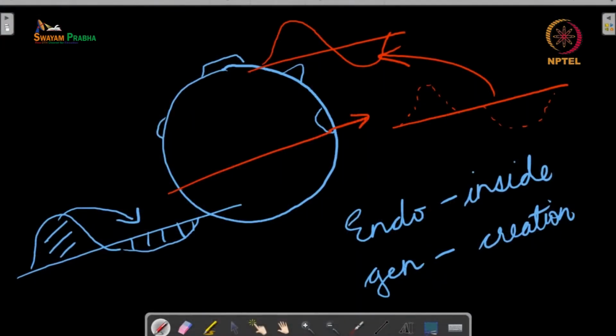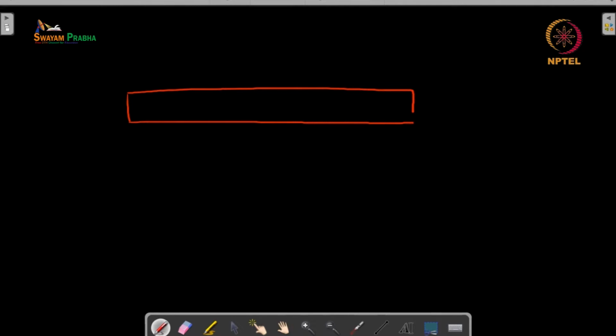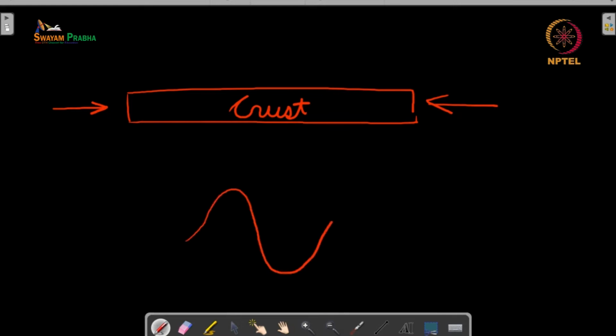Now, what happens in the case of folding is that, suppose you consider a sheet of material. Let us say that this is the Earth's crust. Now, if a force is applied on the Earth's crust, something like this, what will happen is that this crust, because you are applying pressure on both the sides, will turn into certain folds.